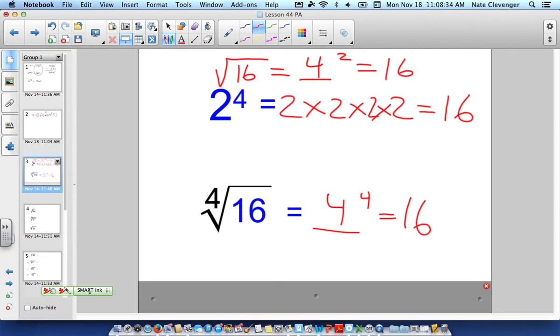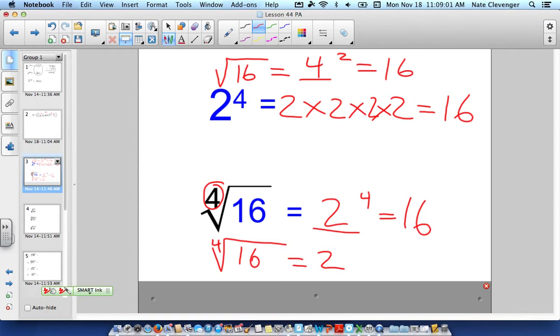So this exponent, or this index as it's called, indicates it needs to be a number times itself 4 times. When we take 4 times itself 4 times, it's too big. But if we look back up here, 2 to the 4th is 16. So the 4th root of 16 is 2.